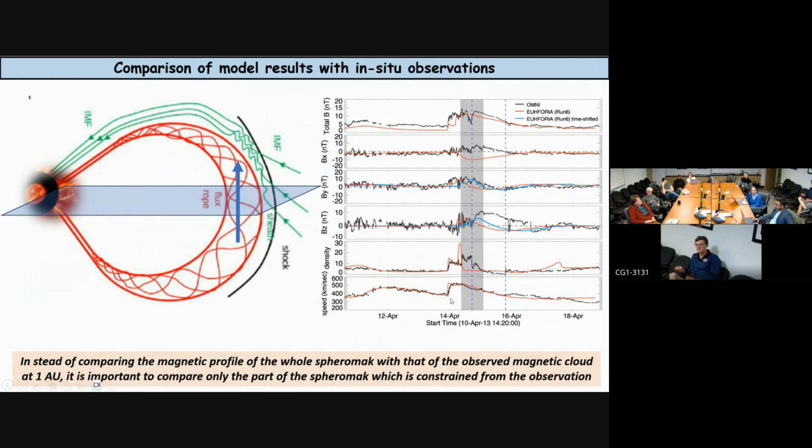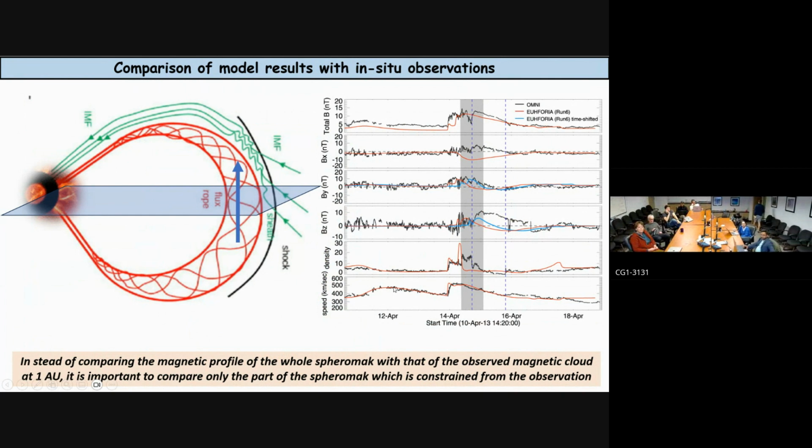Not about the arrival time of the CME, but you can see there we have to match this high speed stream ahead, both the arrival time of the high speed stream and also the magnitude of the high speed stream. So there are some input parameters in the WSA model which we can tweak to produce this.